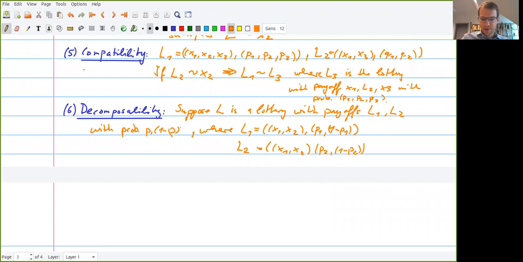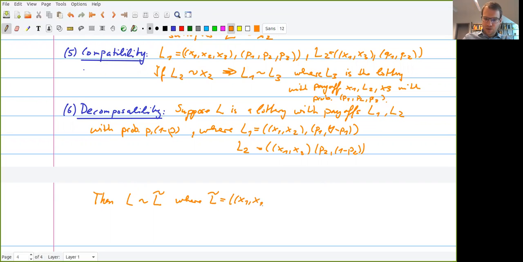What's the statement here now? Well, then this lottery L is indifferent to the lottery L tilde, where L tilde is exactly the lottery as we have defined it.